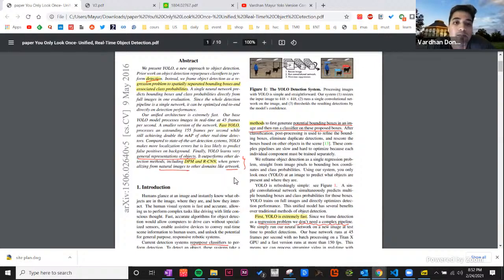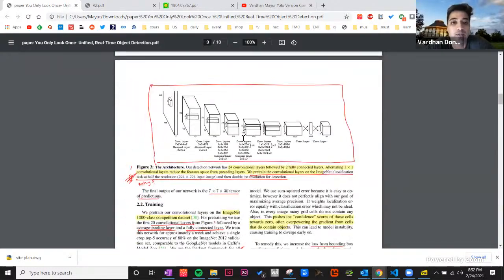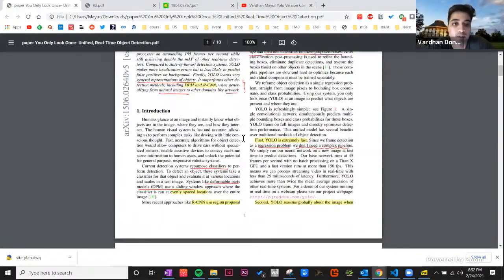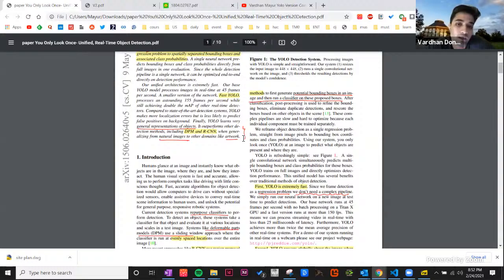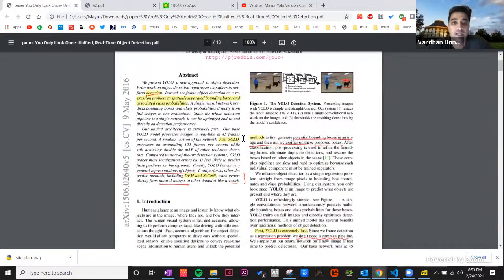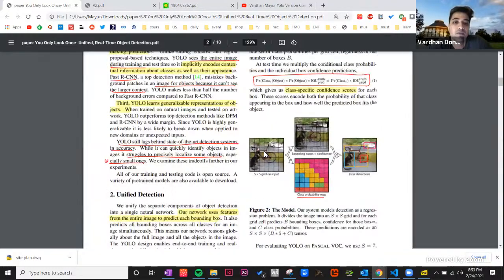So we know YOLO is a one-stage detection model as compared to the two-stage detectors. It was supposed to be the fastest of all the object detection algorithms at the time it came out. The idea was that you have an input image that is divided into an S by S grid, and each grid cell has a specific number of bounding boxes.